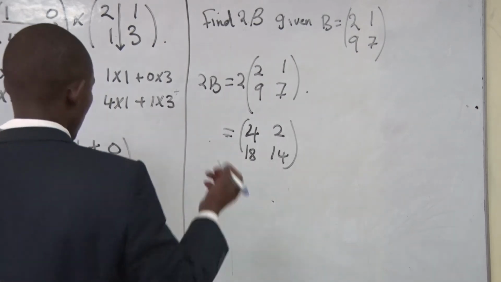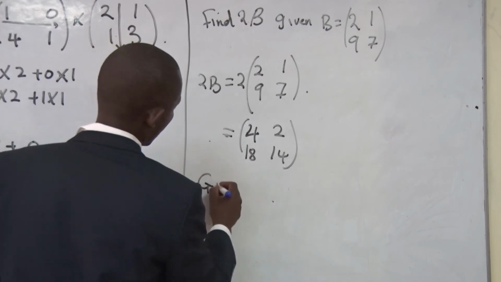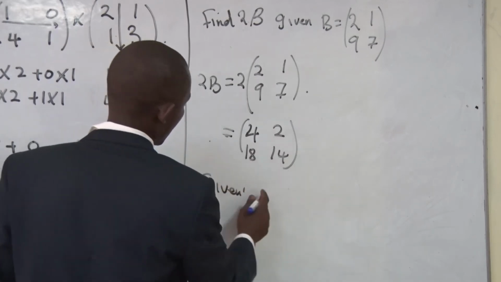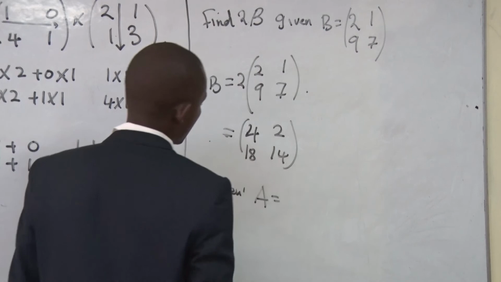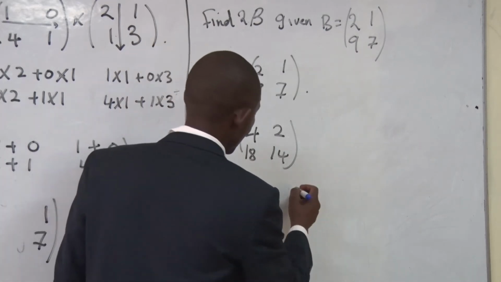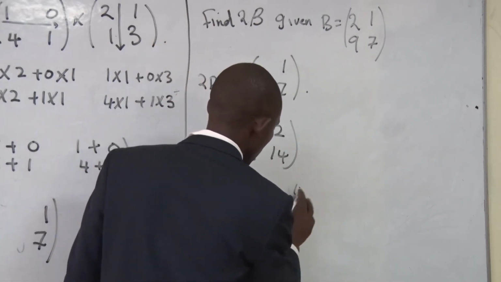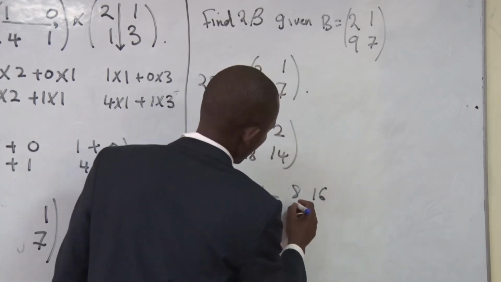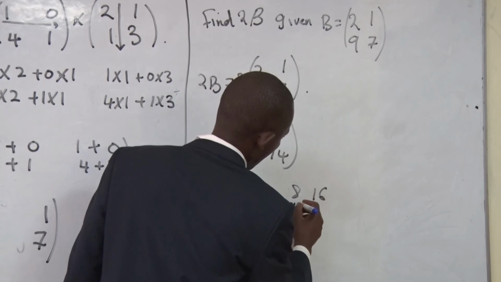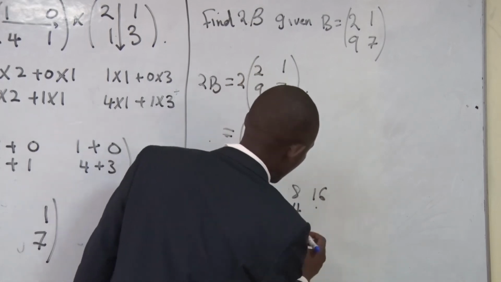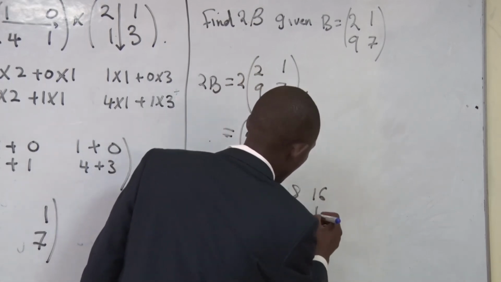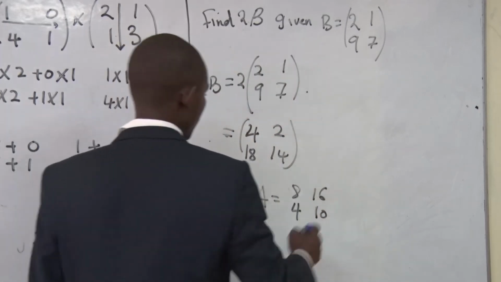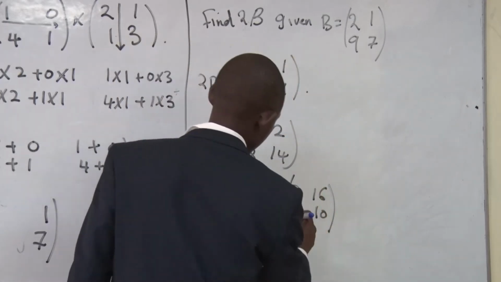You can also be told, given A is equal to 8, 16, 4, 10. That is your matrix.